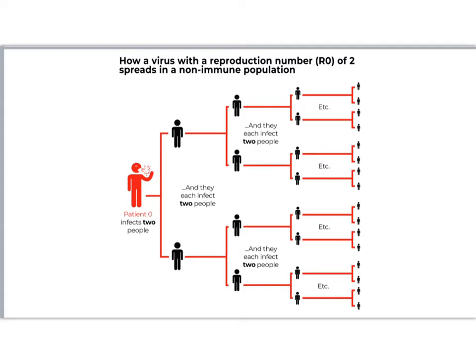So what's happening with this virus is that each generation of infections is going up at the rate of 2. Or in other words, we start off with 2 to the power of 0 infections, 1 person, then 2 to the power of 1 or 2, 2 to the power of 2, 4 people, 2 to the power of 3, which is 8, 2 to the power of 4, which is 16, and so on.